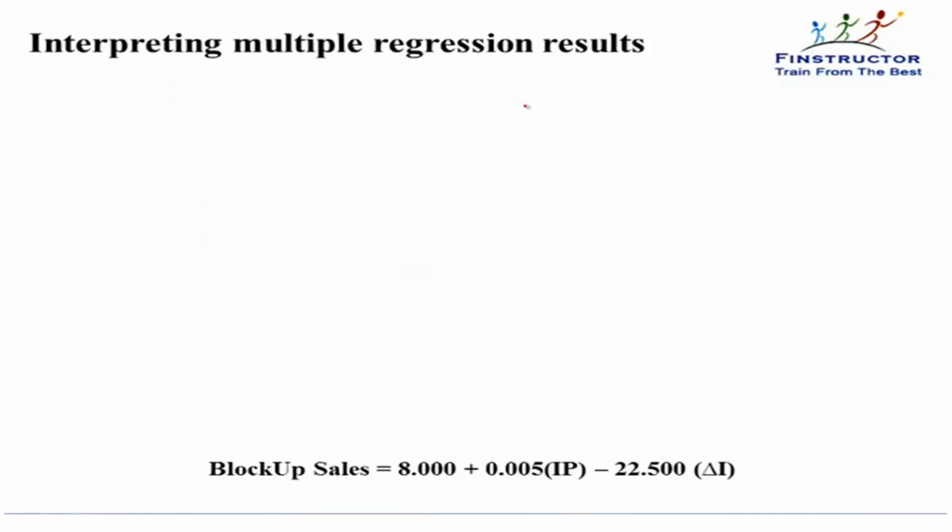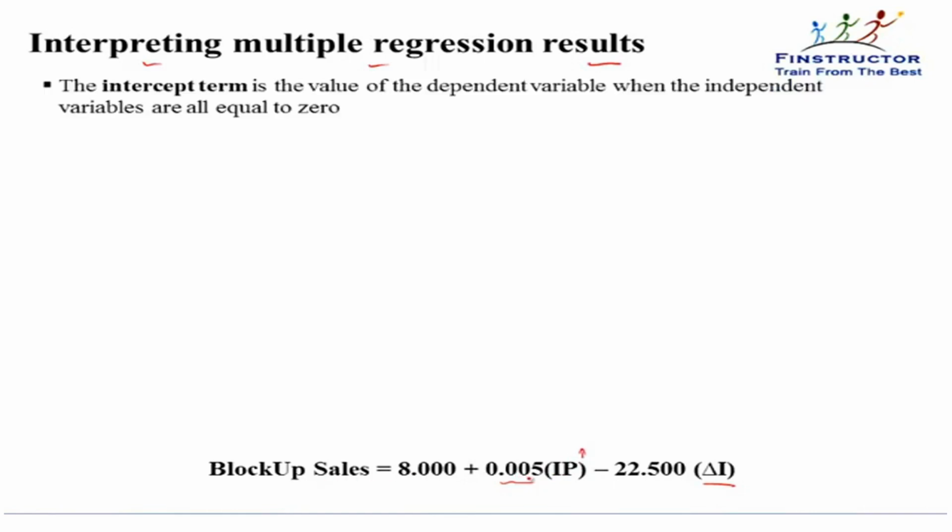Once again, for the sake of repetition, let's interpret the multiple regression results. So 0.005 indicates that if delta I is constant and just the industrial production goes up by 1 unit, block-up sales will go up by 0.005 units.